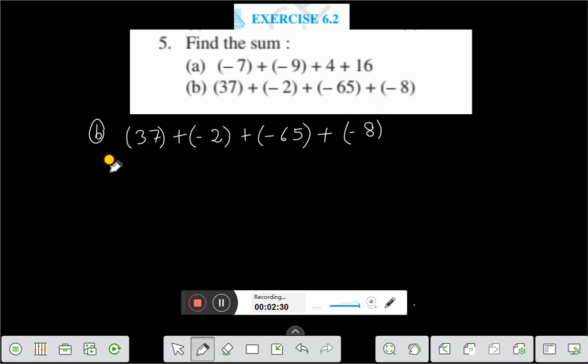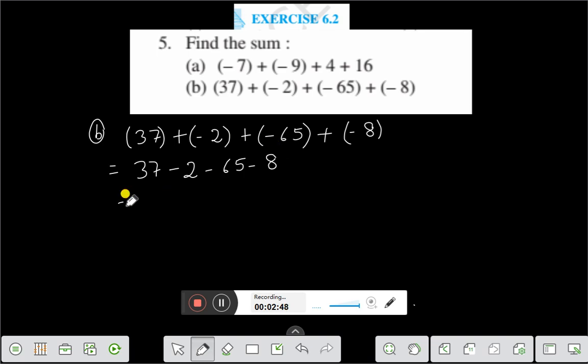Now let us solve. It is 37, plus into minus is minus, that is minus 2, plus into minus is minus, minus 65, and plus into minus is minus, that is 8.